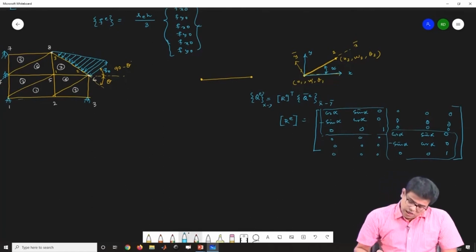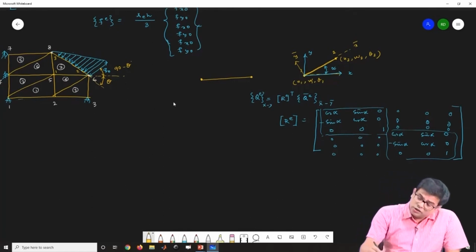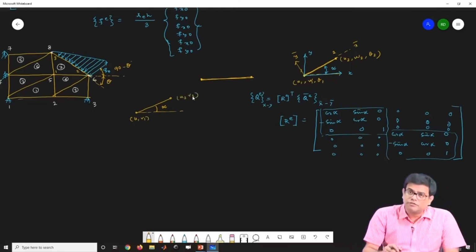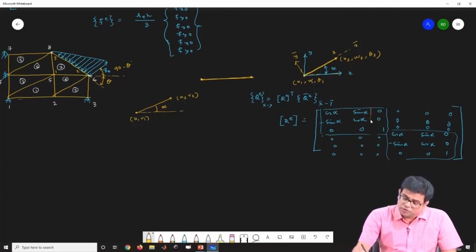Now if I generalize this for our problem, suppose this is making an angle theta, or alpha, let us say. What degrees of freedom do you have? You have u1, v1 and u2, v2. So you have 4 degrees of freedom, and naturally only this part of the matrix is activated; the other part will not be activated.